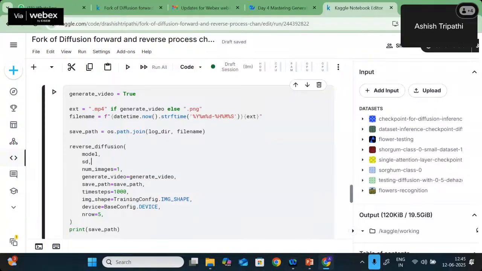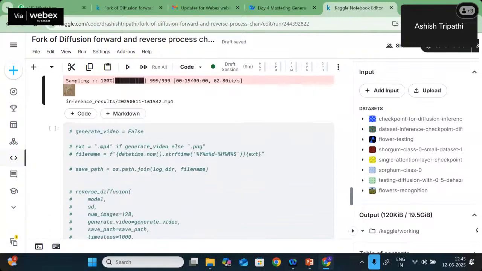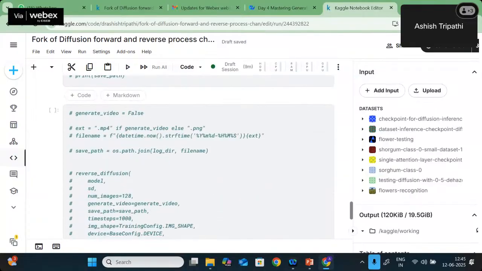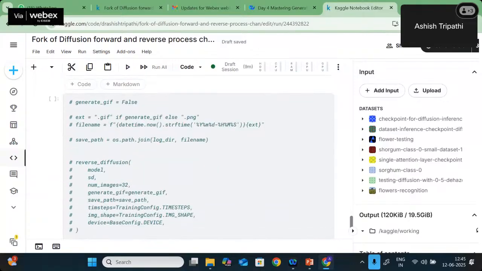During the forward process, generate video was false because I was not interested in that, but for the reverse process I have generated a video that I can show you. This is the sampling. These are some of the combinations that I have commented out because these are repeated steps.